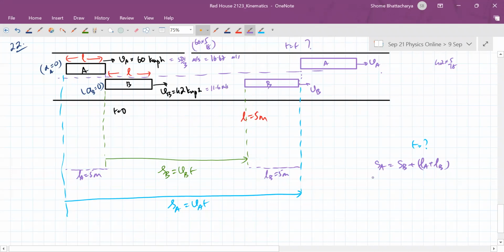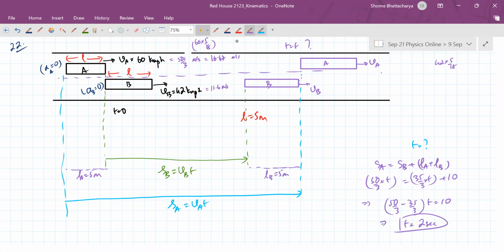So 50 by 3 into T should be equal to the other side, and T equals 2 seconds you'll get.